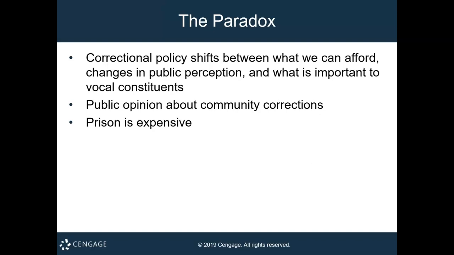It's scary. And prison is expensive, very expensive. It costs about the same to send someone to prison as it does to send someone to Stanford. So these are all very contradictory and confusing and frustrating facts that make corrections complicated.